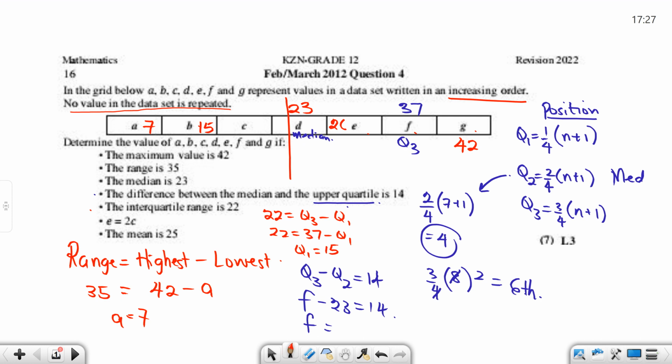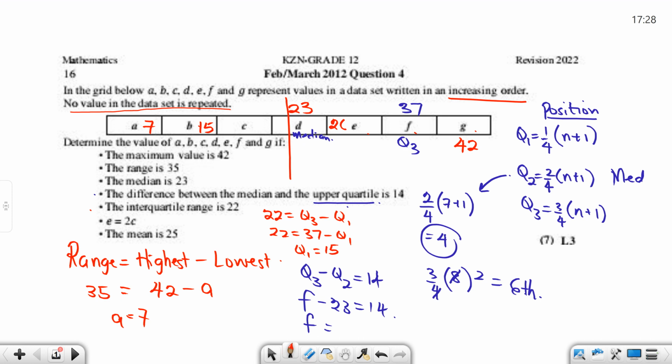So what are we adding? 7 plus 15, 22. Okay, we'll come back to the C. 22 plus 23 would give us 45. I'm just adding now because of the mean. 45 plus 37 would give us 82, plus 42 would give us 124, and 124 plus 3C, because we're adding everything together.